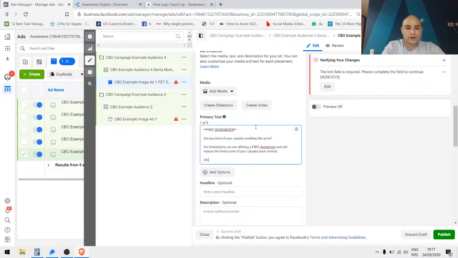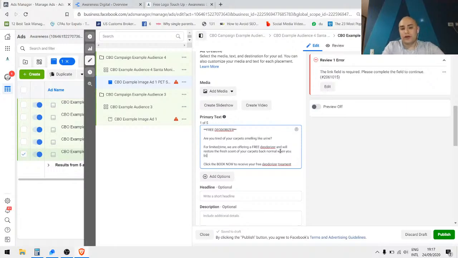"Click the book now button to receive your free deodorizer treatment," or whatever. Right, whether it's a treatment or you're going to give them a bottle, whatever. You can also put something in like when you book one of our premium cleaning services, right? Again, this is an example.